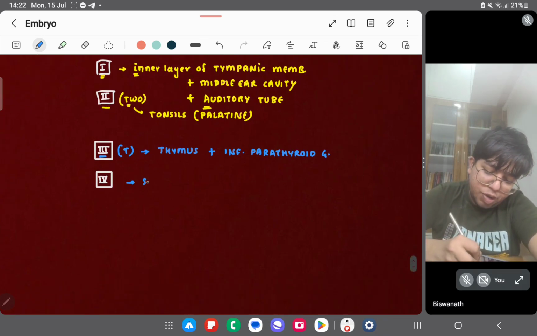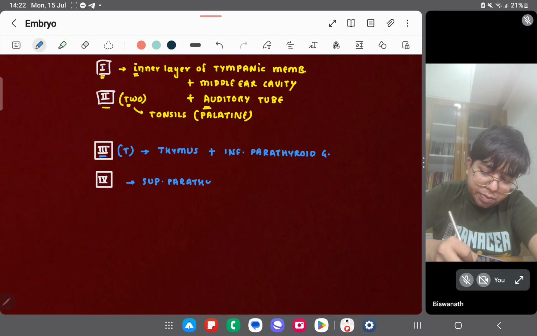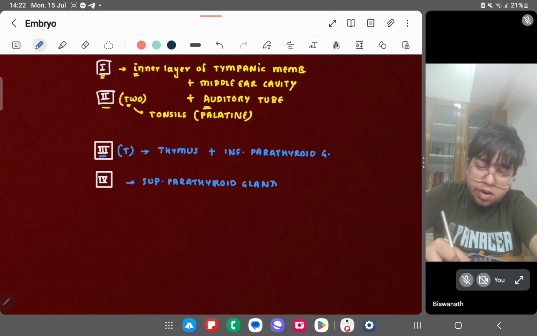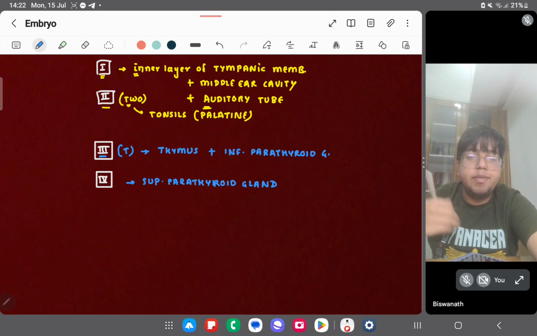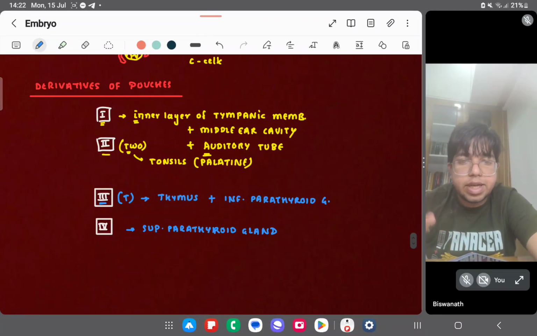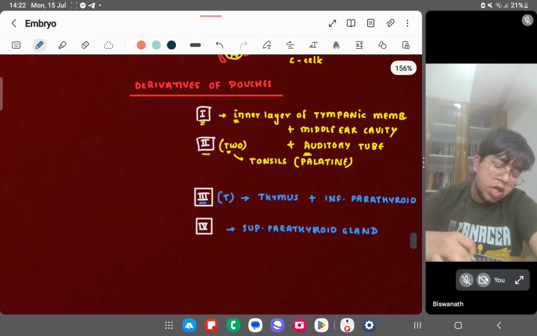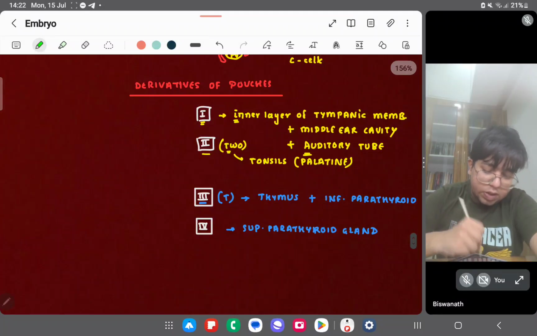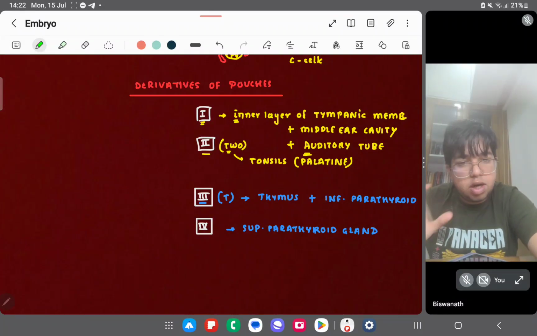And the fourth one we have the superior parathyroid gland. Here we have inferior parathyroid gland. Here we have superior parathyroid gland. Very clear, logical, easy to remember. Yes. Okay. So these are the things which you have to remember here.